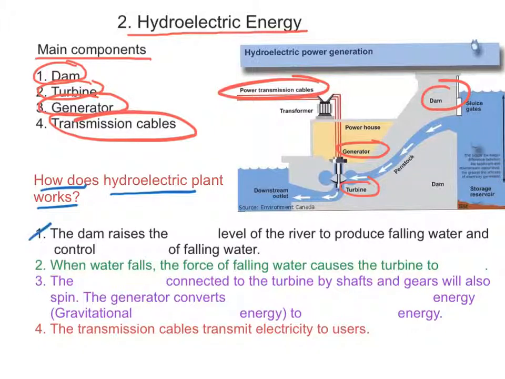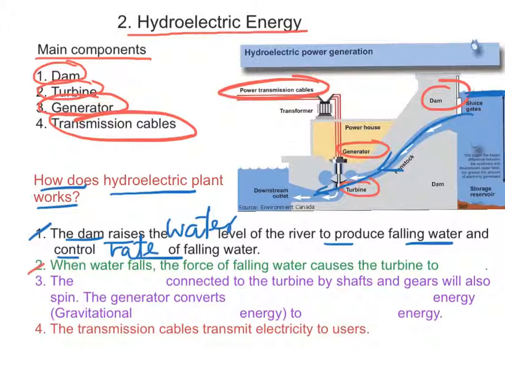First, the dam raises the water level of the river to produce falling water and control the weight of falling water.